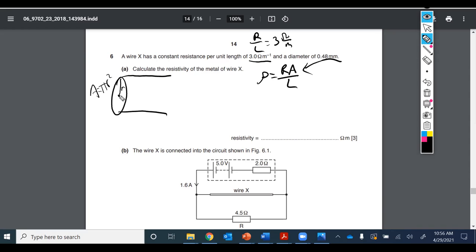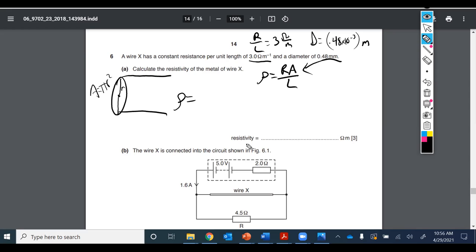We're given the diameter. So we know the total diameter is 0.48, and I'm going to change milli to 10 to the negative 3 meters. So that's the diameter D. What I need to substitute in for the area is half of that for r, and then squared, and then times pi. So I think I'm good to make some substitutions here.